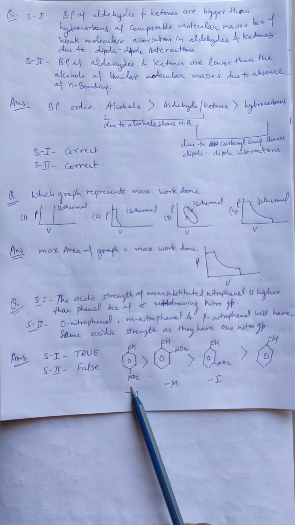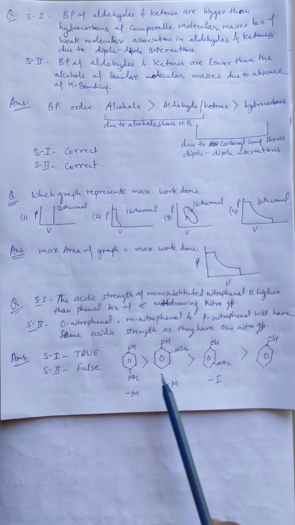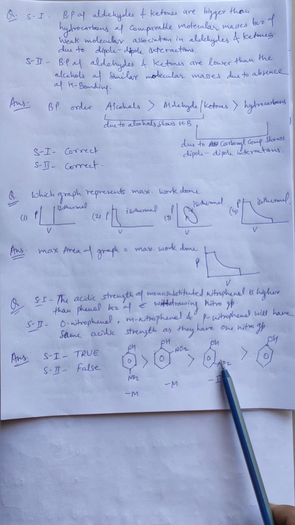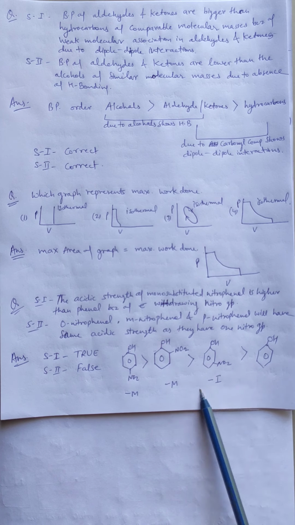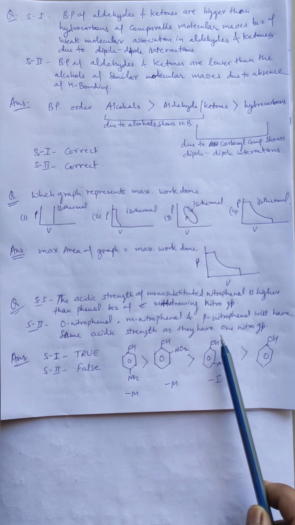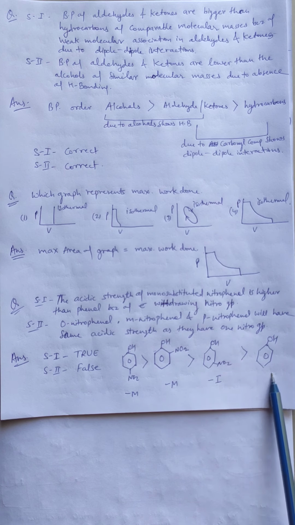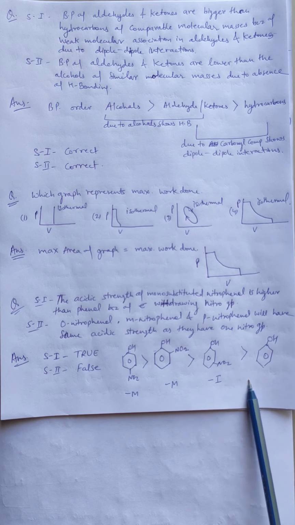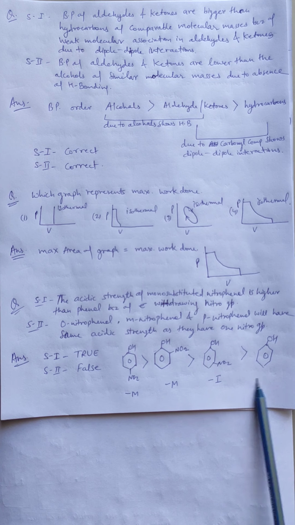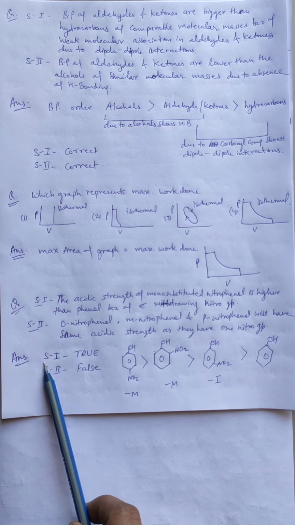So para has more acidic strength than the ortho. Then at meta, nitro group shows minus I effect, not minus M, because OH is there, ortho and para reacting group. Now phenol has neither minus I nor minus M effect, so it is least acidic. So statement 1 is true.